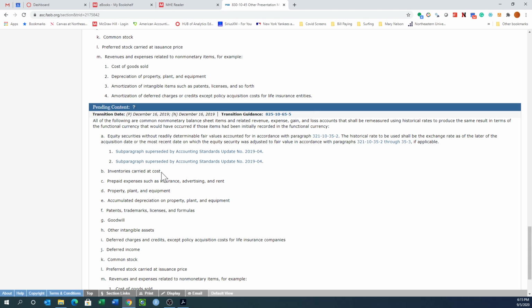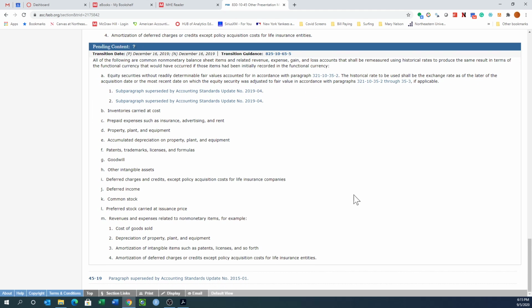So inventories carried at cost, prepaids, property, plant, equipment, goodwill, patents, all of these items are non-monetary items and require use of historical rates. Okay? Revenue and expense items related to cost of goods sold, right? That's using inventory; we're getting rid of the inventory, that's cost of goods sold. That's a non-monetary item.